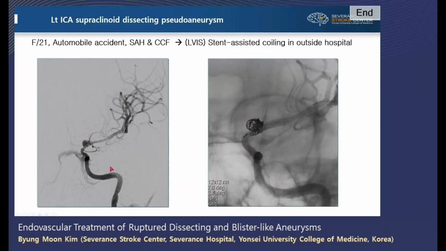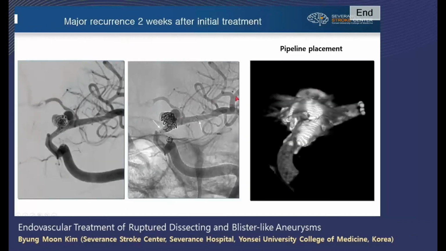This is another, the final case. This is a ruptured traumatic dissecting aneurysm. This is CCF. This patient was treated outside the hospital with Elvis stent assist coiling. 2 weeks after the initial treatment, major recurrence occurred like this.